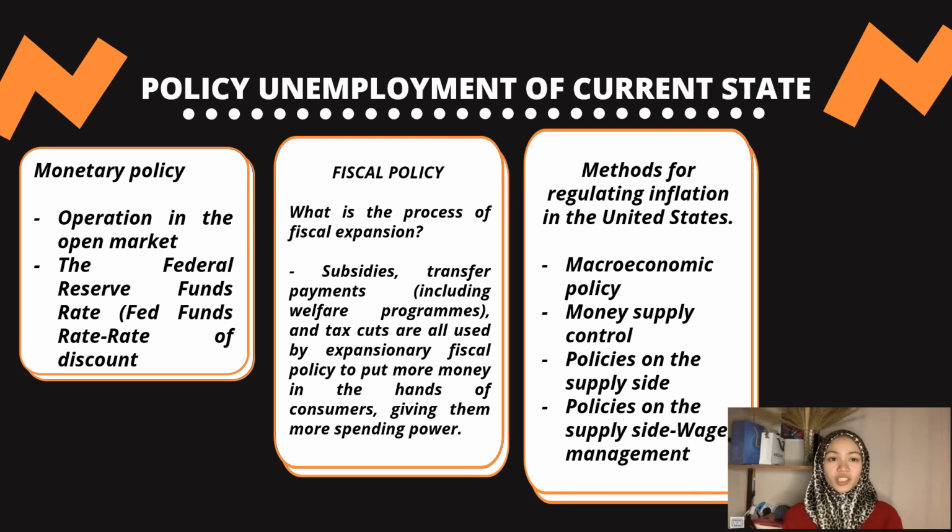What is the process of fiscal expansion? Subsidies, transfer payments including welfare programs, and tax cuts are all used by expansionary fiscal policy to put more money in the hands of consumers, giving them more spending power.